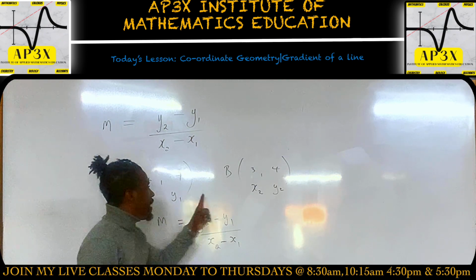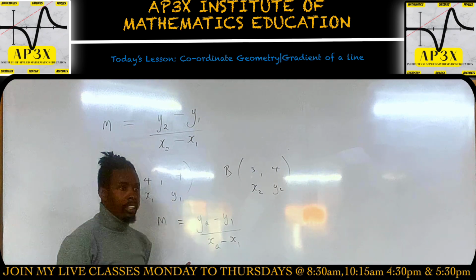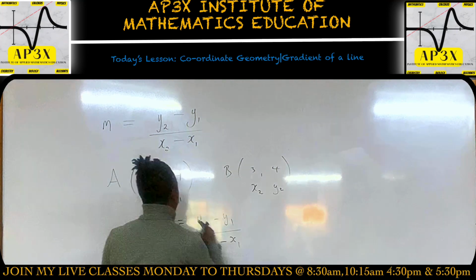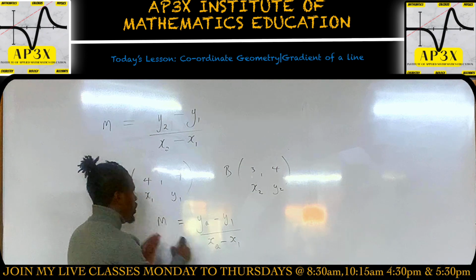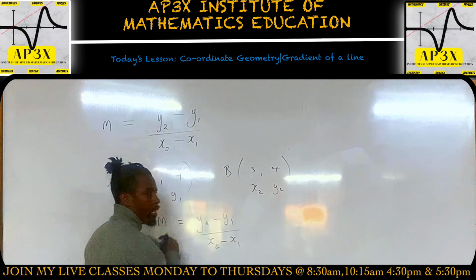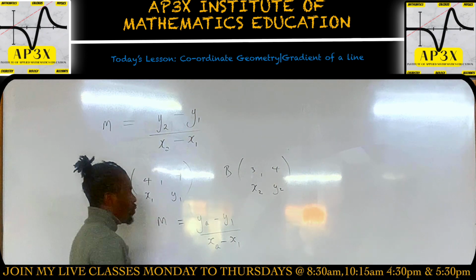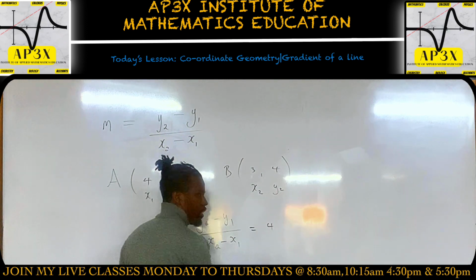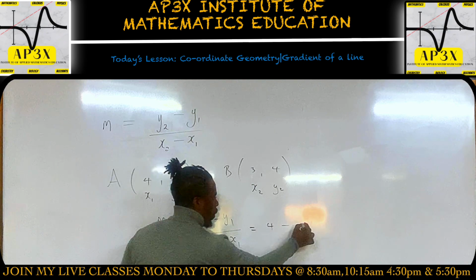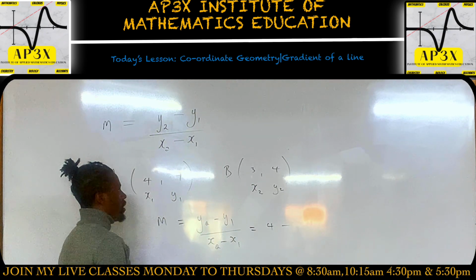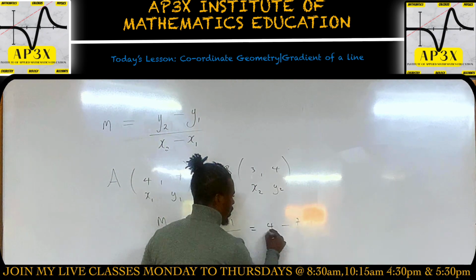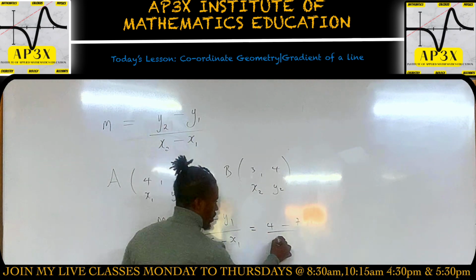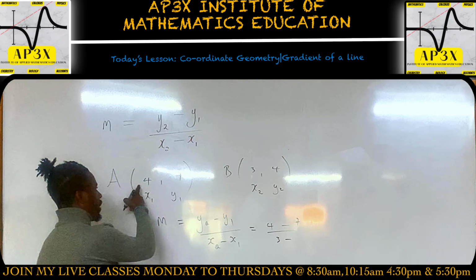Once you have labeled your points correctly, you put them in their respective positions. What did we label as Y2? So that goes here. What did we label as Y1? 7. What did we label as X2? What did we label as X1?